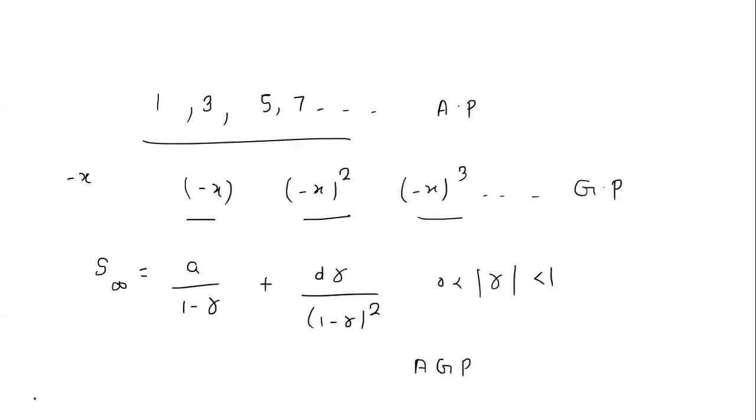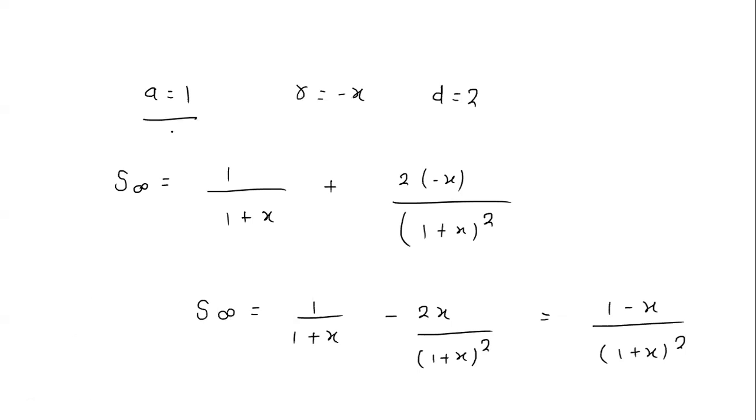The sum of this series is a standard formula: a divided by 1 minus r plus dr divided by 1 minus r whole square, where a is the first term of the arithmetic progression series, d is the common difference, and r is the common ratio of the geometric progression series, and in this way we can find the sum of this infinite series.